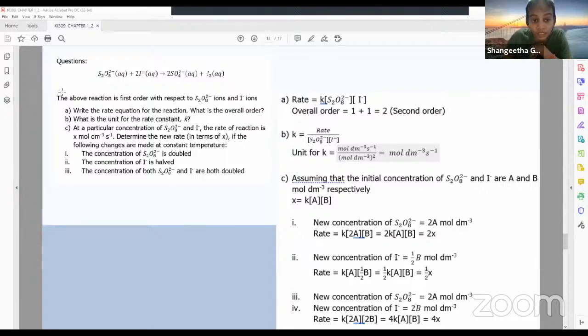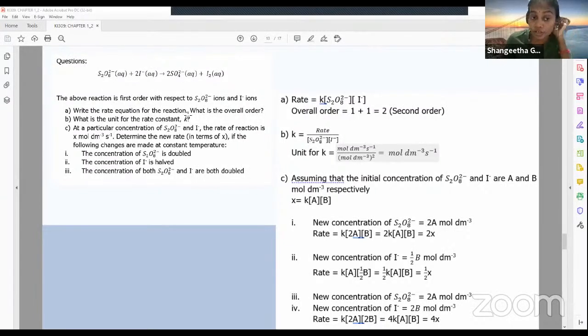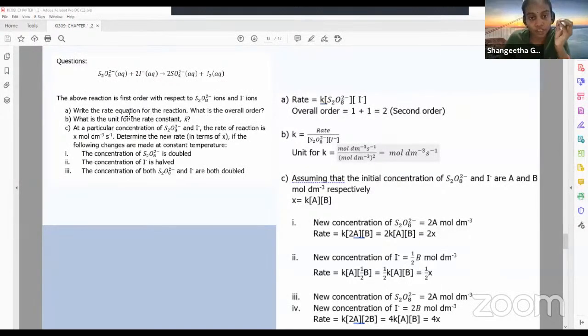This is given in your question. The first question is: write the rate equation for the reaction. This is how usually the questions will be. They will ask you to write the rate equation and the overall order, so you must know the rate equation.